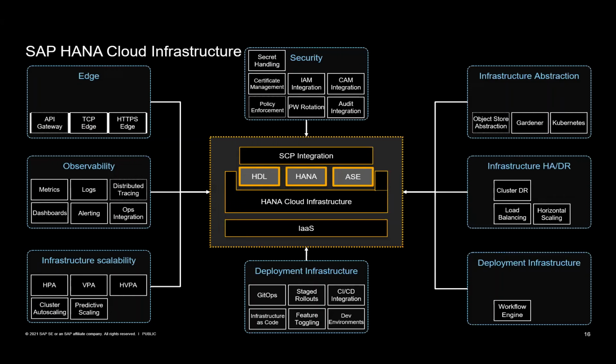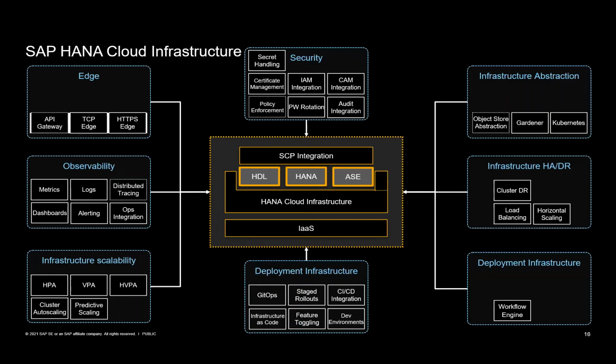What I want to say with this slide is that we haven't just taken ASE, stuck it in a container and run it up on an Azure instance. We've built a whole bunch of stuff around it to make sure that it runs right. And so here are some of the services that are part of HANA Cloud that are developed and run within any HANA Cloud data center. So in that US East account that I was looking at, all these services are running.